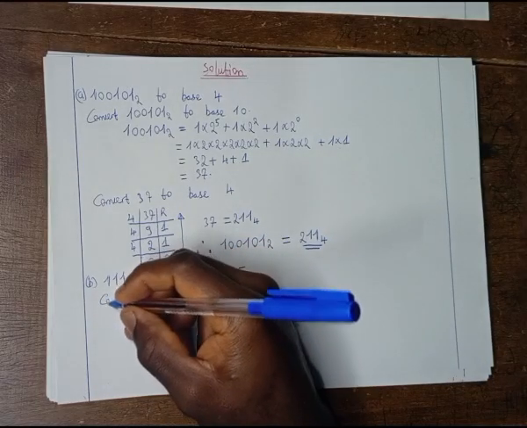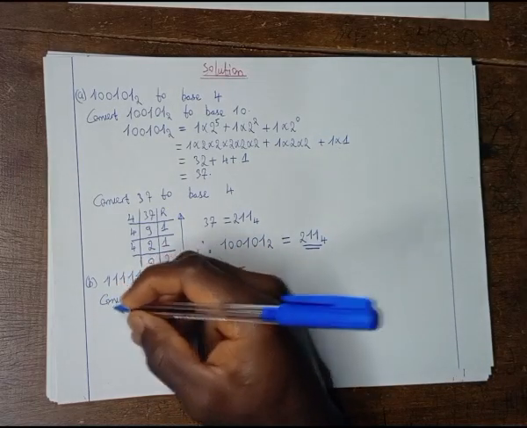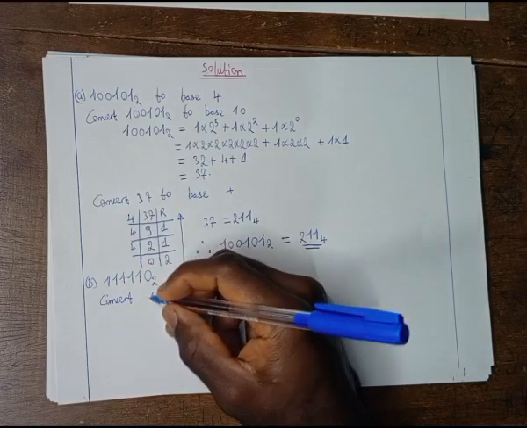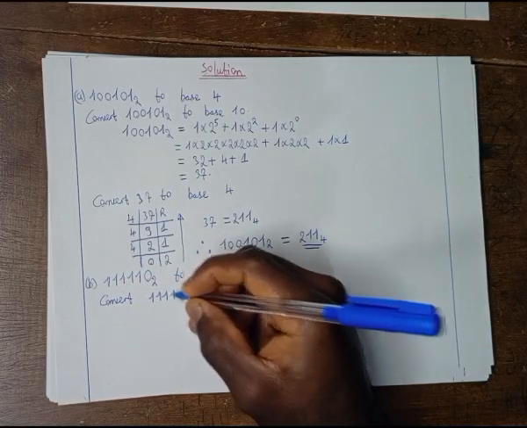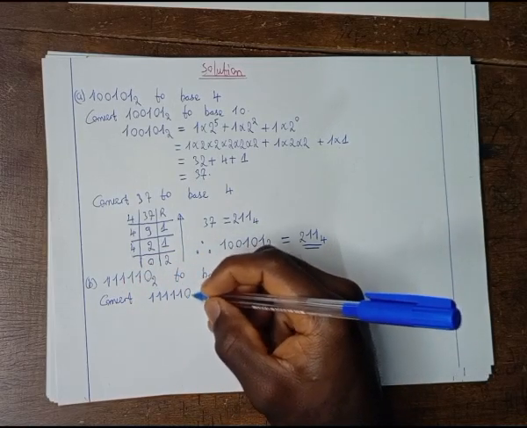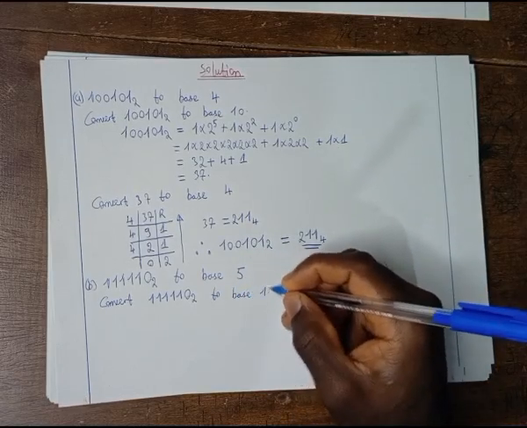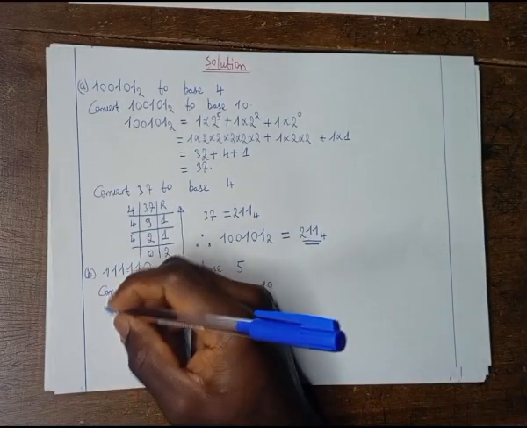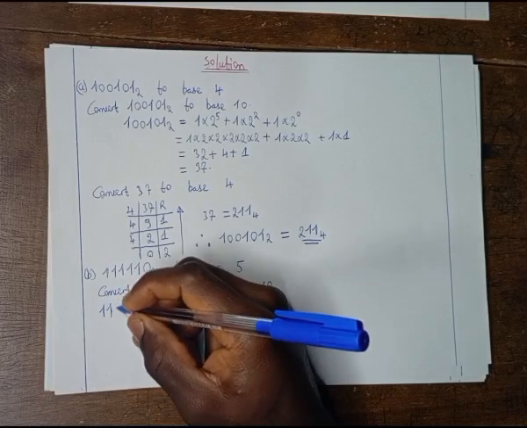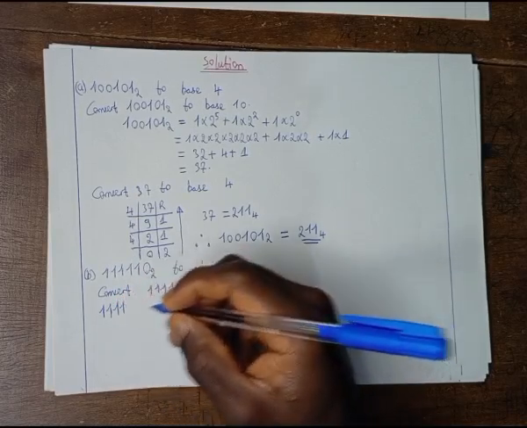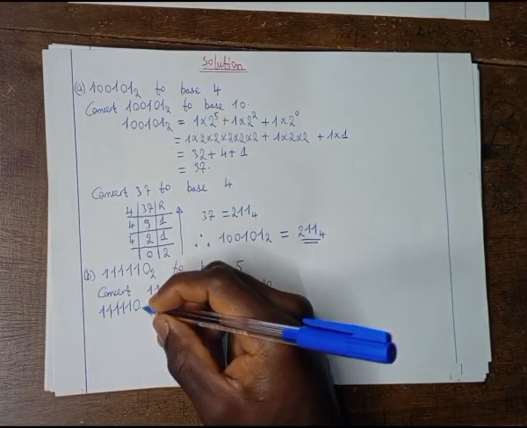First thing, we need to convert 111110 in base 2 to base 10. So for us to perform this conversion, we need to expand this number in powers of the base, which is 2.